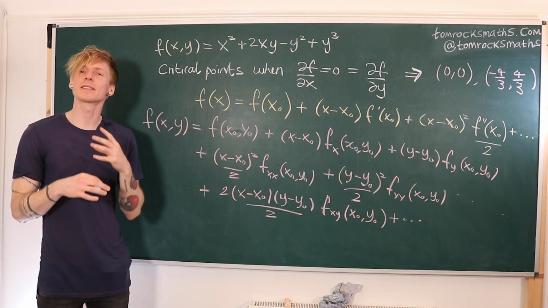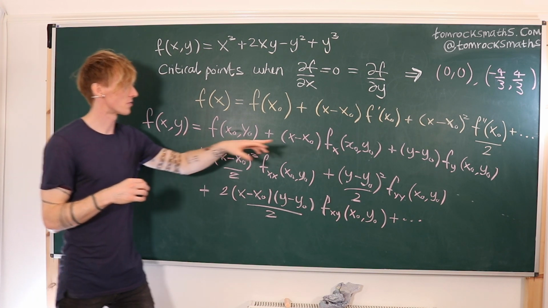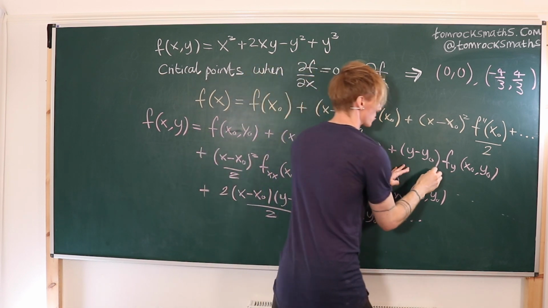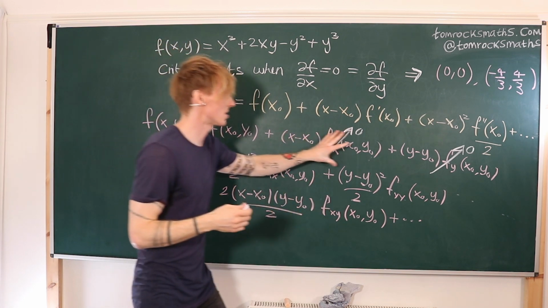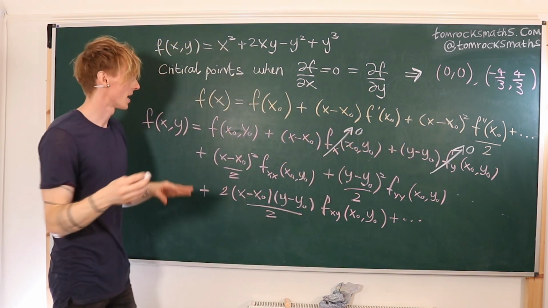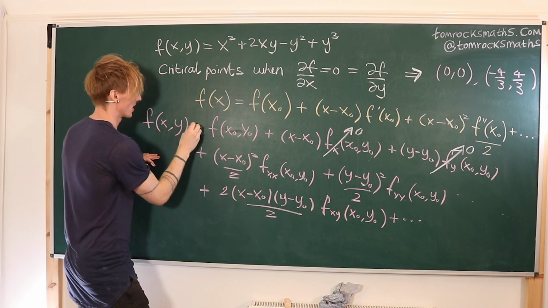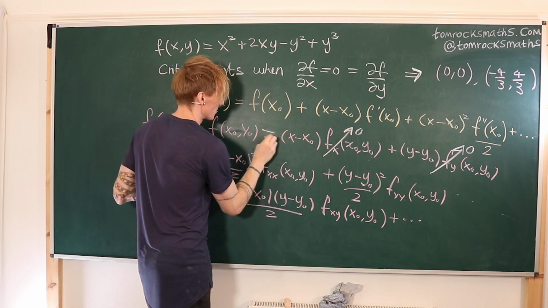Now remembering that at a critical point x0,y0, the first derivatives are 0 by definition of it being a critical point, these two terms will vanish. We can then take this first term across to the left-hand side and make that a minus, and then this now equals this.